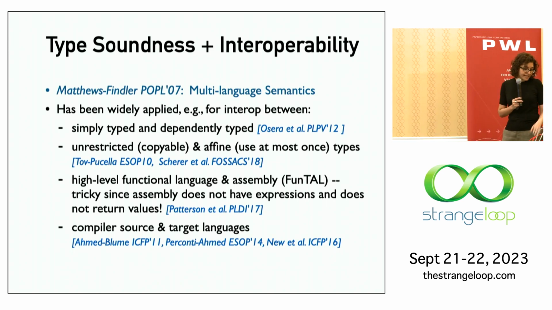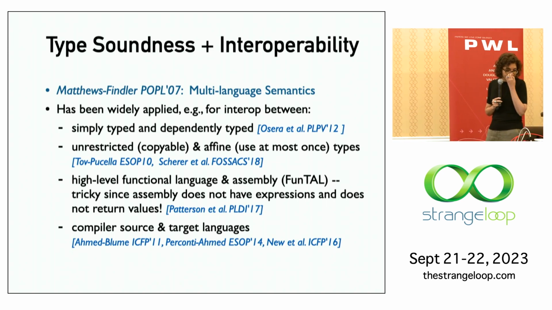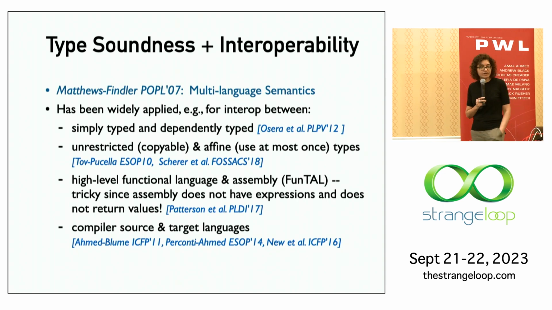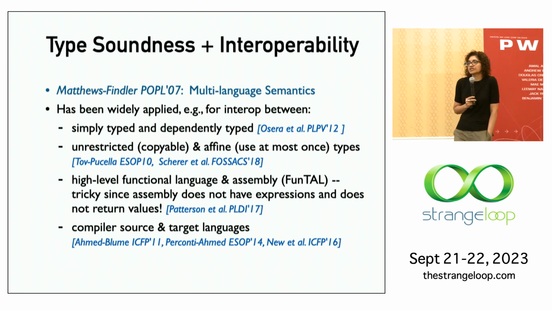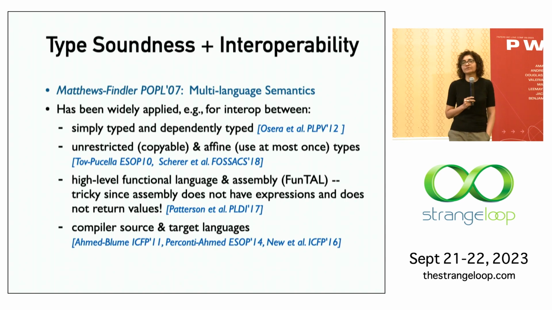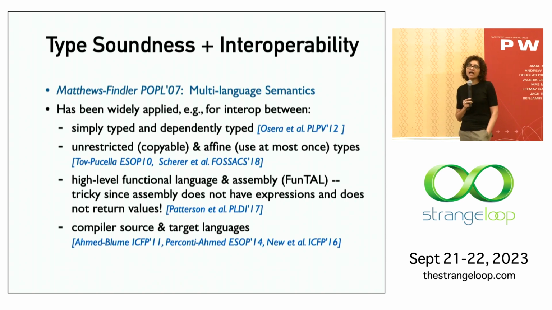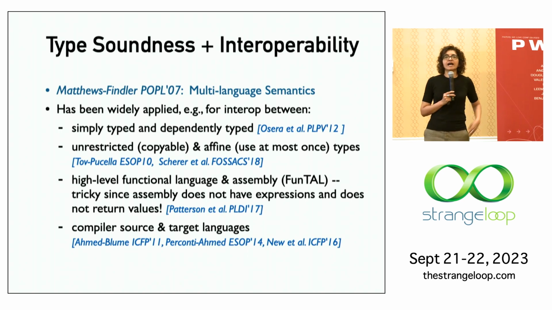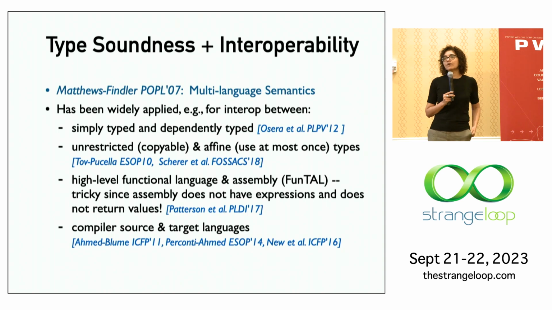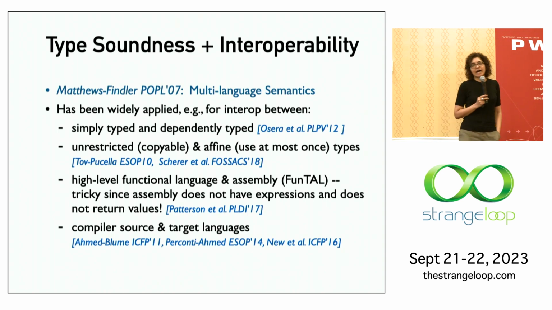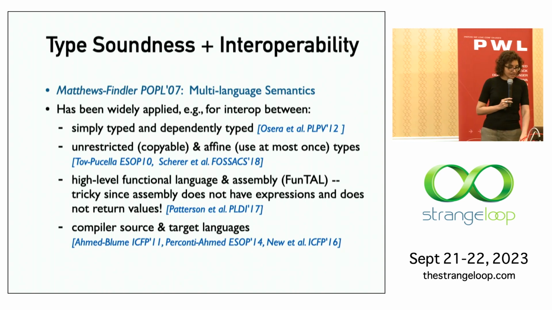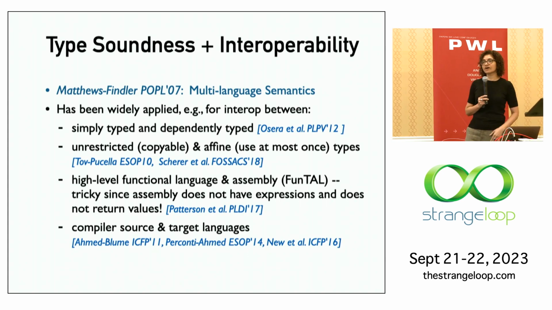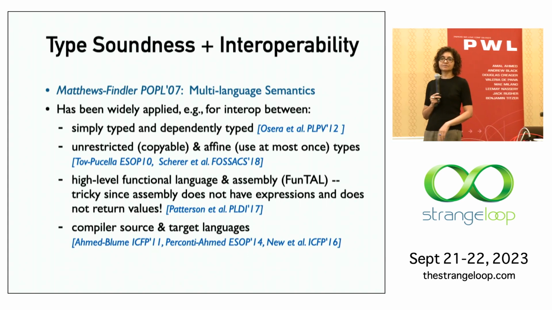And then this other set of papers is about mixing two languages, one which has just copyable, unrestricted data, and another which has an affine type system, which makes sure that any thing of affine type, or you can think linear types, will be used at most once. So for instance, Rust has a sort of affine type system, right?